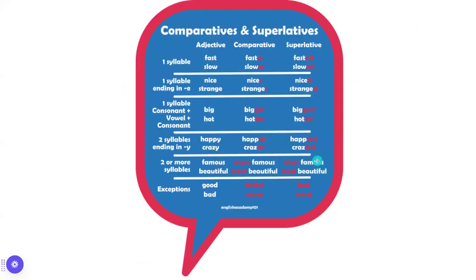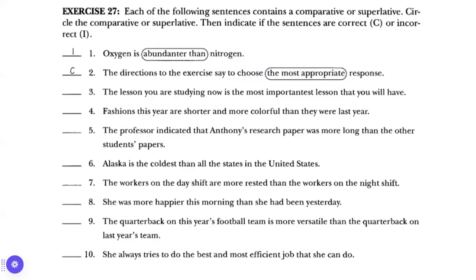Correct. Appropriate is a long adjective, so I have to add "the most." Okay, so I think this is easy. So do this one individually. I'll give you a little more than 2 minutes so you can answer and we'll check together.